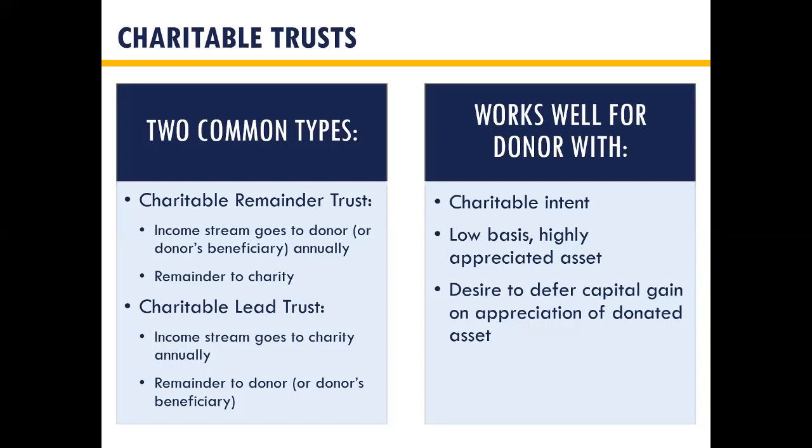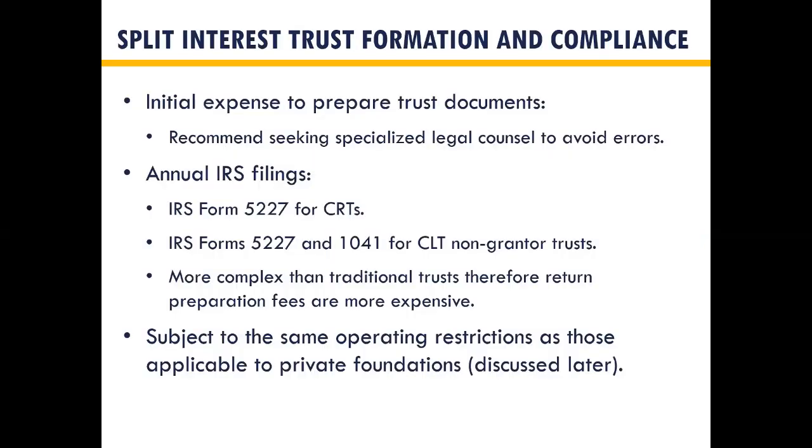So they're definitely more complex, but there's situations where they do work really well. They also have separate tax filing requirements. So I mentioned the initial expense for the legal counsel to get those trust documents drafted appropriately.